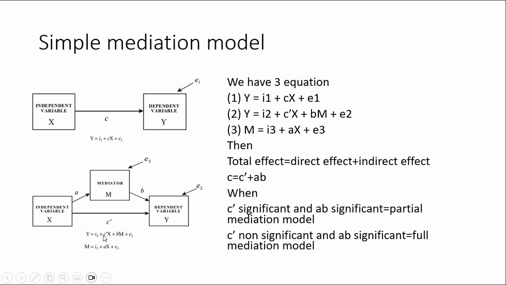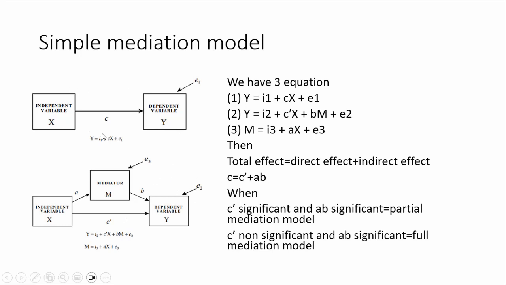The second equation is Y equals constant 2 plus c' X plus bM, and then plus error 2. And the last equation is the mediator equals constant 3 plus aX plus error 3.